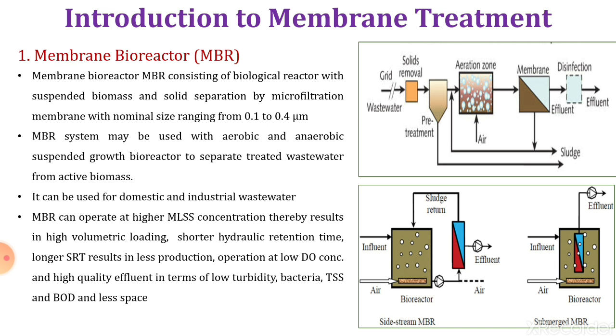Then operation at low DO concentration, and high quality effluent in terms of low turbidity, bacteria, TSS and BOD, and less space. If you see the figure here, the complete membrane bioreactor is shown.